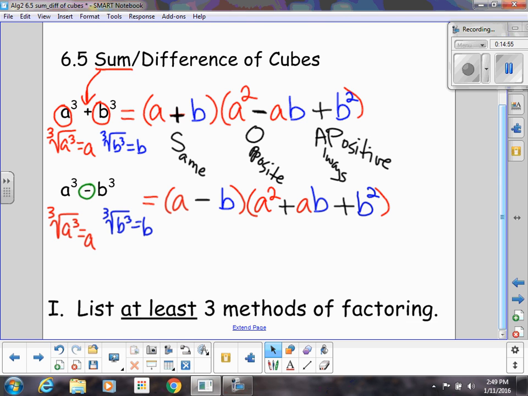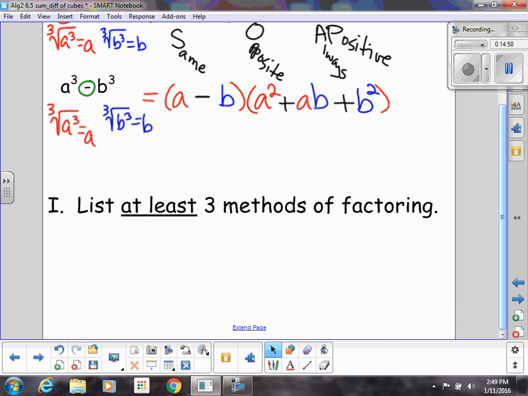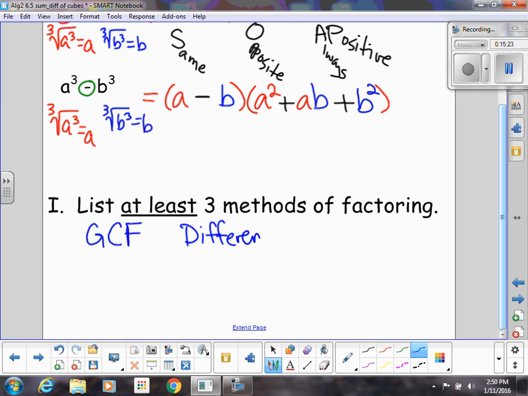So now that we're talking about factoring, let's list at least 3 methods of factoring. Again, pause the video and see if you can come up with one. All right, factoring, remember we had GCF. That's when we divided everything in our polynomial by what they had in common. We also had difference of two squares, where we square rooted each thing, like if we had 4x squared minus 25.